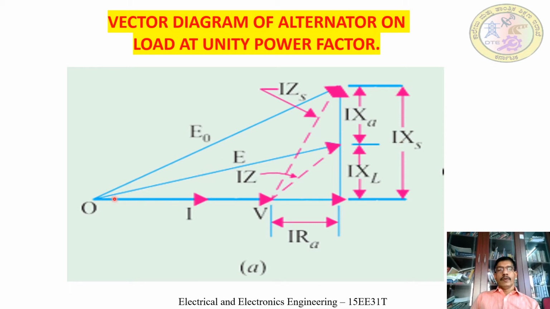So V plus IRA plus IXS vectorially gives the no load voltage E naught in this vector diagram.